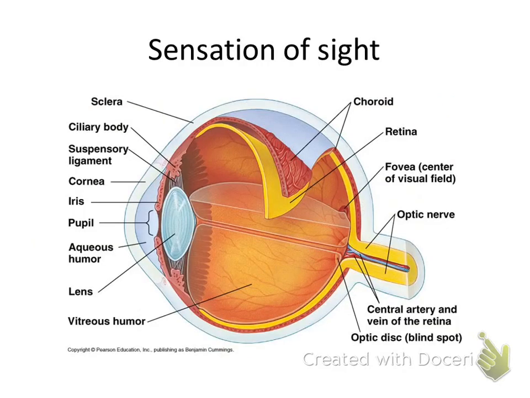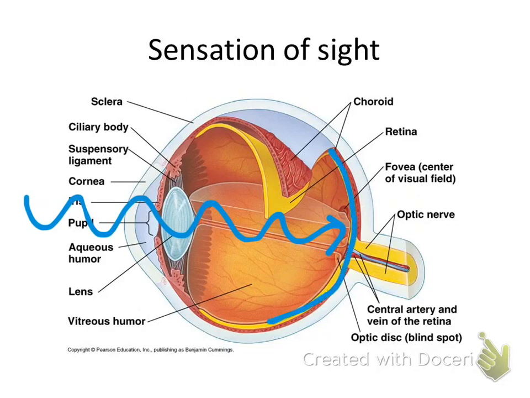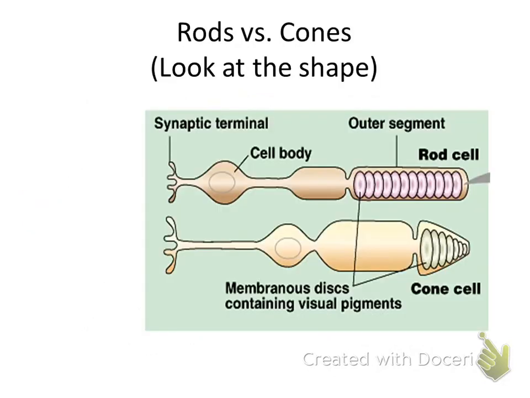Okay, so sight, one of the coolest things that we as humans can do. We're going to take in light waves this time instead of sound waves. The light waves are going to hit the retina, which is that yellow part right there. The retina has protein receptors on it, which are rods and cones. These protein receptors are photoreceptors, they receive light.